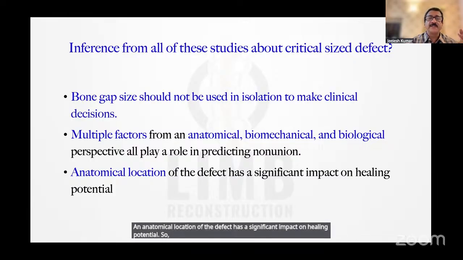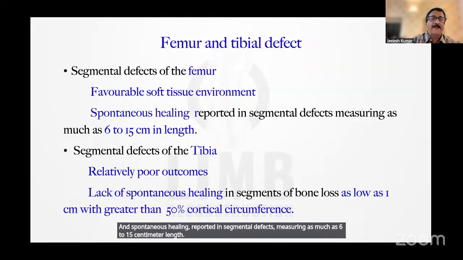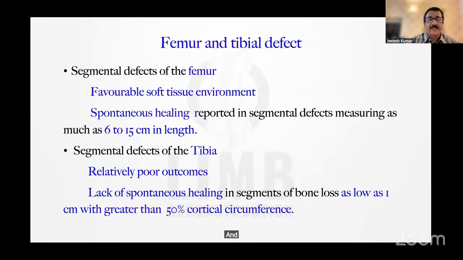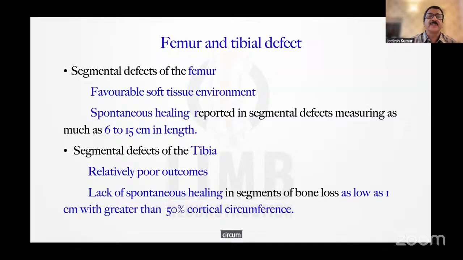If you compare femur and tibial defects, the femur has a favorable soft tissue environment, and spontaneous healing has been reported in segmental defects measuring as much as 6 to 15 centimeters in length. If you compare with the tibia, it has relatively poor outcomes and lack of spontaneous healing in segments of bone loss as low as 1 centimeter with greater than 50% of the cortical circumference.